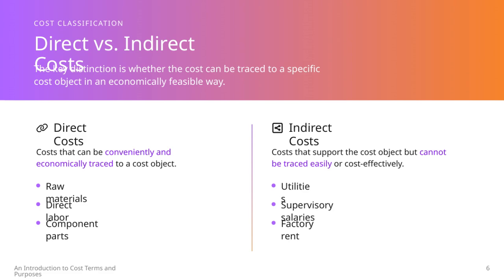On the other hand, indirect costs are more about support functions that help the cost object but can't be traced easily or without incurring excessive expense. These include things like utilities, supervisory salaries, and factory rent. Understanding this classification is crucial because it affects how we measure and manage costs effectively in any business.